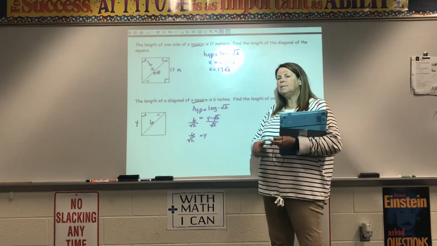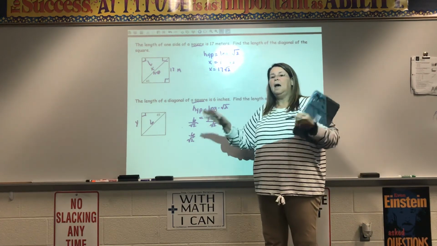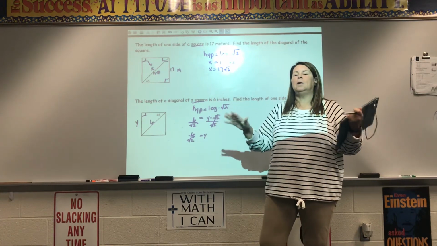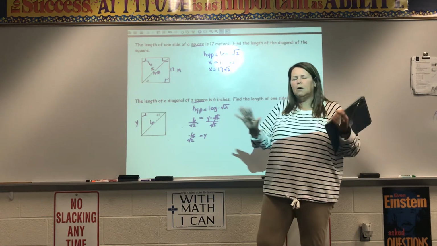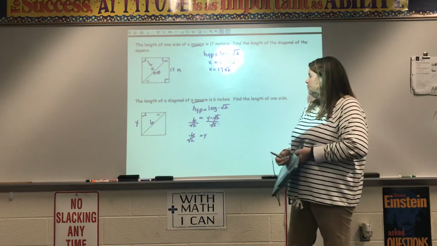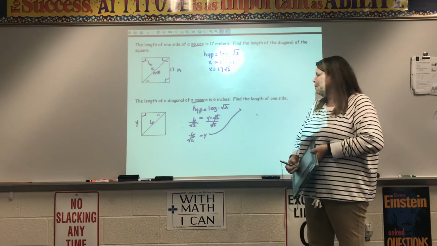So after that example I did on the previous slide where we had a radical in the denominator, at this point all of you should be yelling at your screens, your phones, whatever, Miss Kirsch, you can't have a radical in the denominator. Get rid of it. So that's what I'm going to do. I am going to flip my equation around.